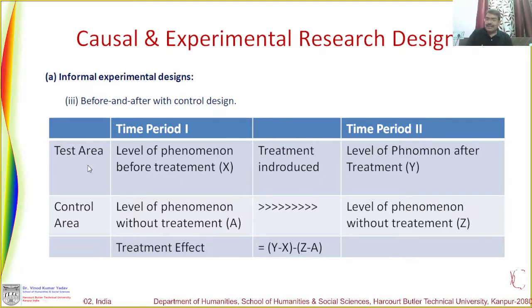So you can say in case of test area, your test area says that Y minus X would be in treatment condition, or the effect in control area, that means without treatment, if it is yield is A, and level of phenomenon without treatment in control, without treatment in time period is Z. So your treatment effect may be Y minus X minus Z minus A.